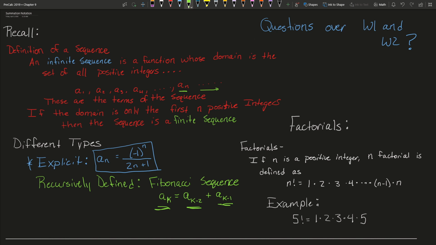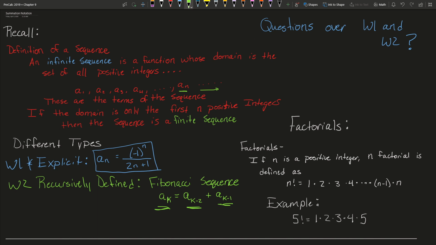And then we went over factorials as well. So the definition of factorial, n factorial is 1 times 2 times 3 times 4 all the way up until n. So for example, 5 factorial, that's 1 times 2 times 3 times 4 times 5. So that's what we covered. Your homework was W1 and W2.